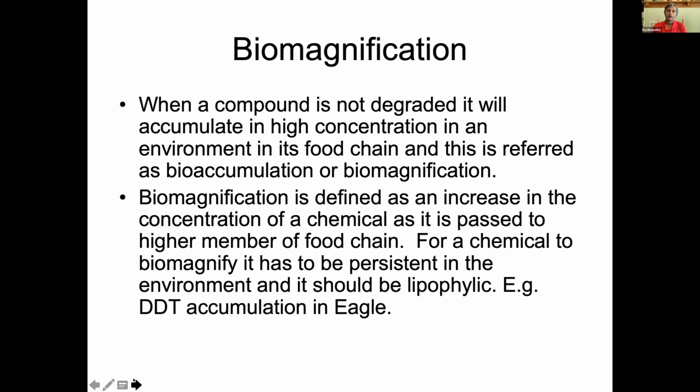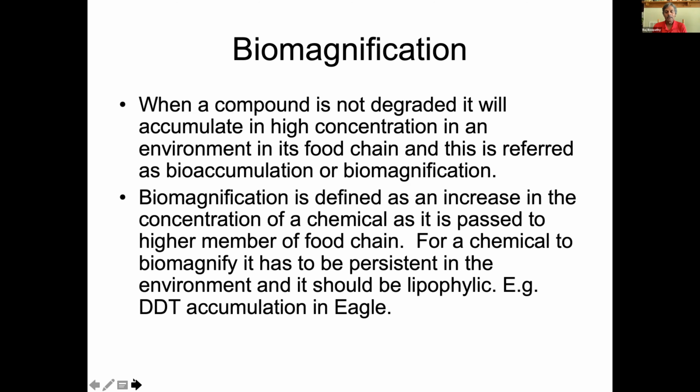As a result, the compound bioaccumulates and biomagnifies as you go up to higher levels of the food chain. Biomagnification is defined as an increase in the concentration of a chemical as it passes through higher members of the food chain. So for a chemical to biomagnify, it has to have two properties.